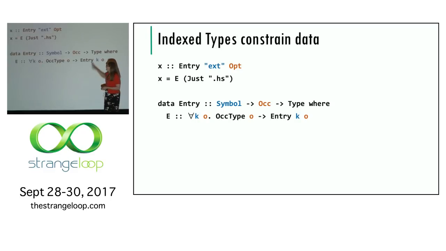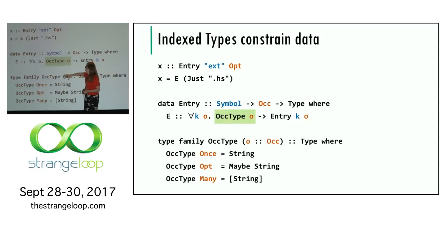And when I create an entry, it's another indexed type. It's a type that's indexed by these two things: the name of the capture group and the occurrence. But in this case, the really important thing with this entry is what type of data it holds. And that type of data is calculated by this type level function that I'm calling octype.